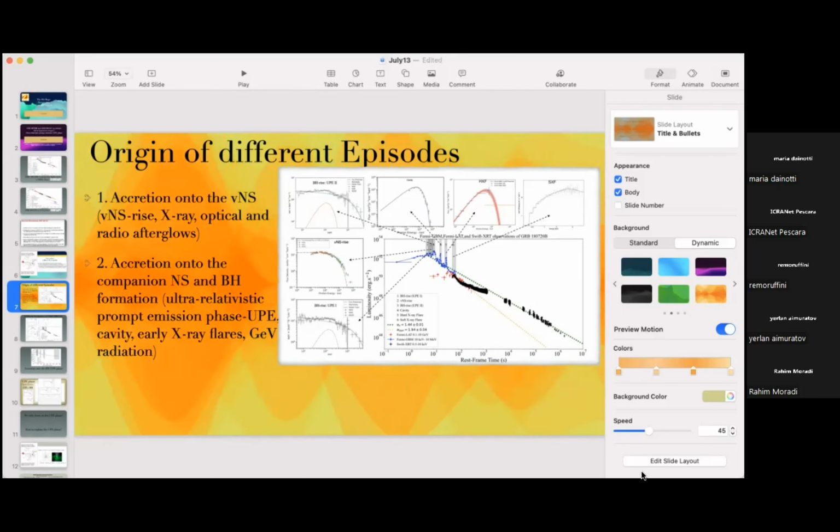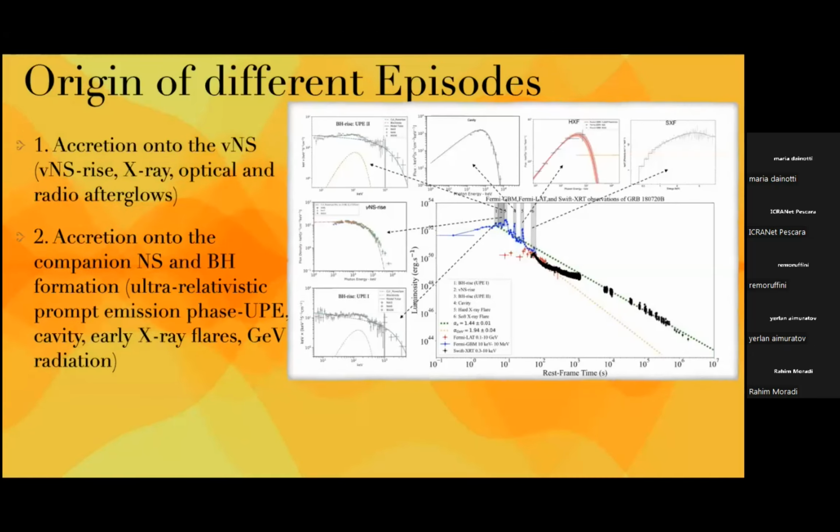And therefore, in both cases, you do not have a single jet like in the traditional approach, which has just one single object with a typical ultra-relativistic jet.